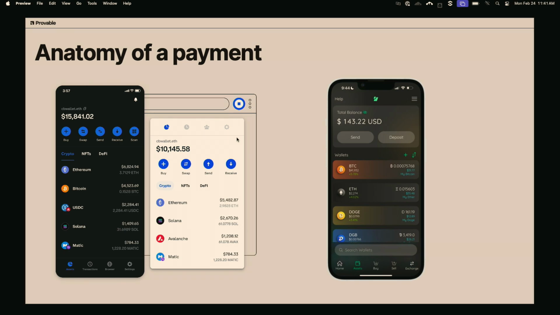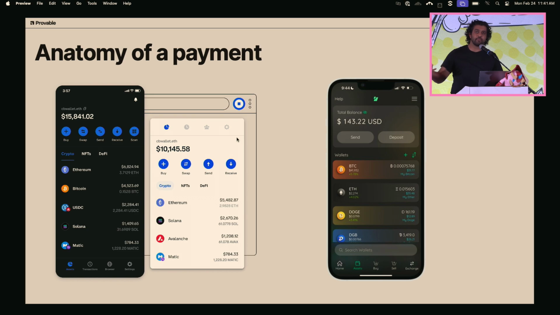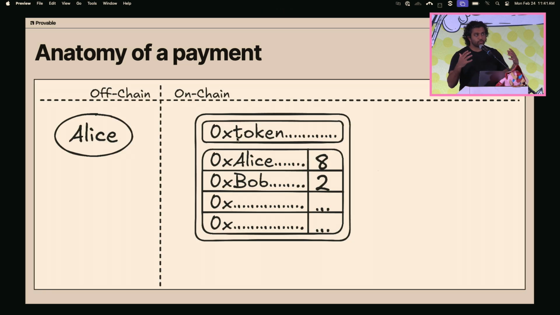So first, I wanted to set a frame of mind for what the anatomy of a payment looks like. Now, for most of us, whenever we make a transfer or a payment using crypto, we're looking at some UX that looks like this. Under the hood, this is implemented very differently across different chains. But abstractly, we'll reason about a model that looks like this.